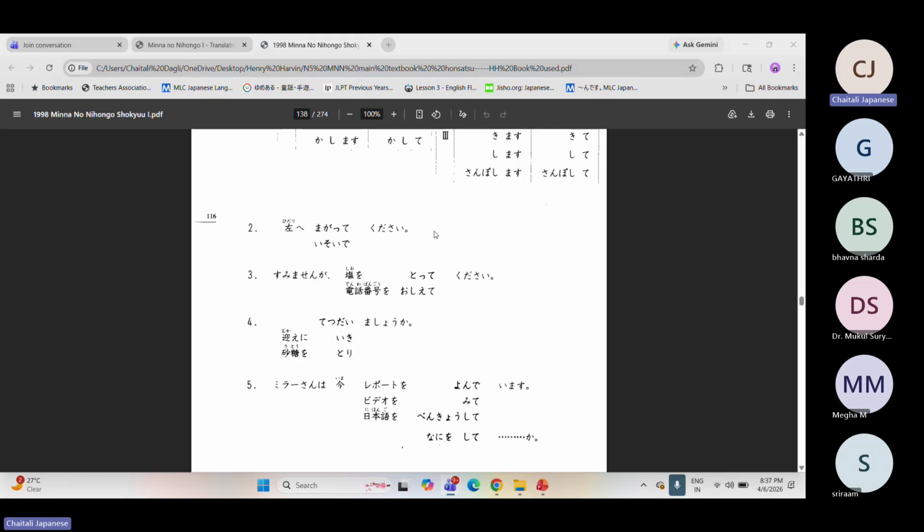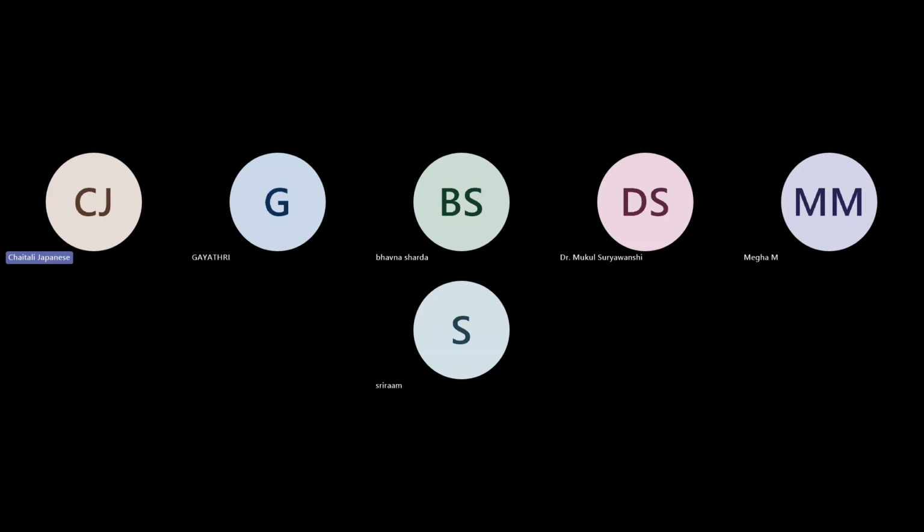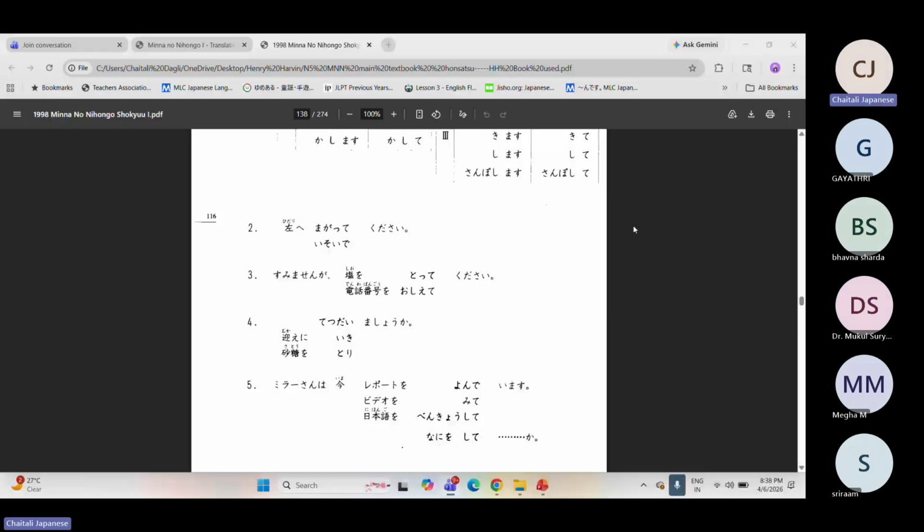So what you can do is just write here: verb in te form plus kudasai is equal to please do. Okay.